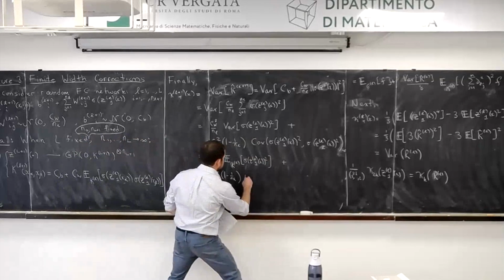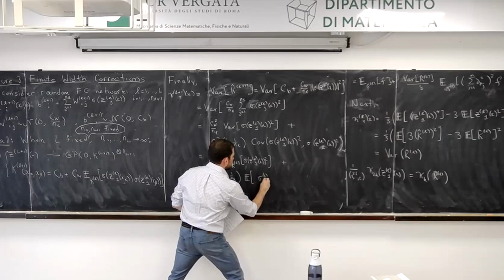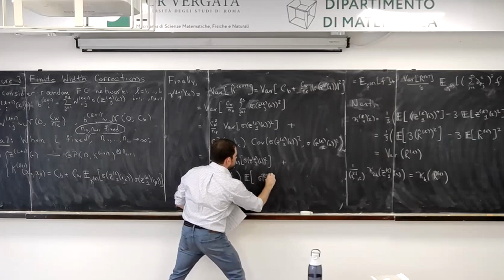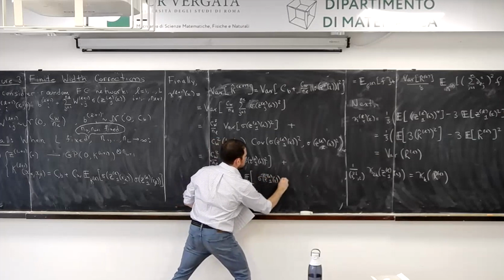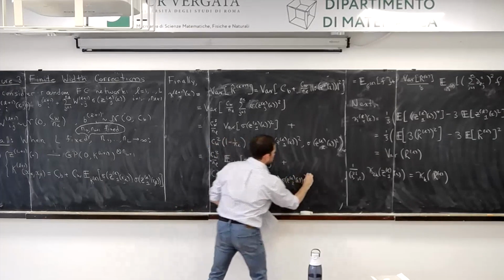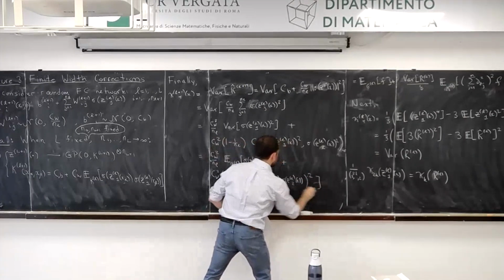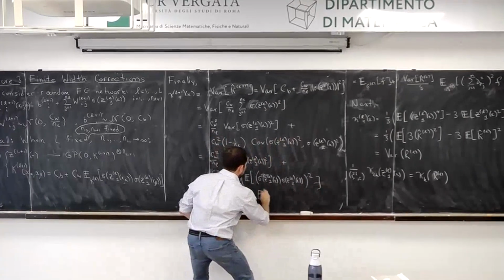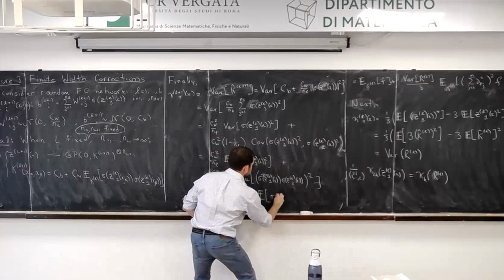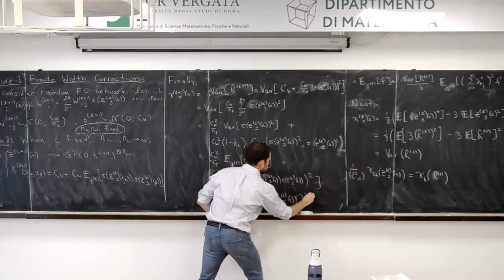So I have to write this as the expectation of sigma of ZL1 of x sigma of ZL2 of x squared minus, this way, the expectation of the product. Sorry, the product of the expectation. They're the same.